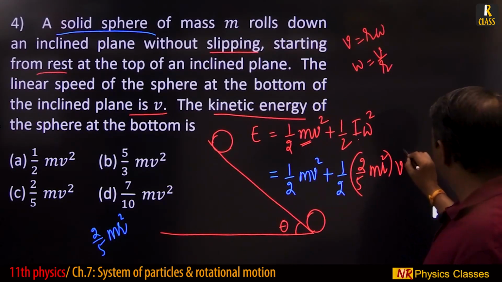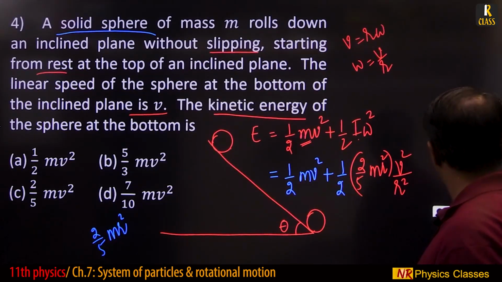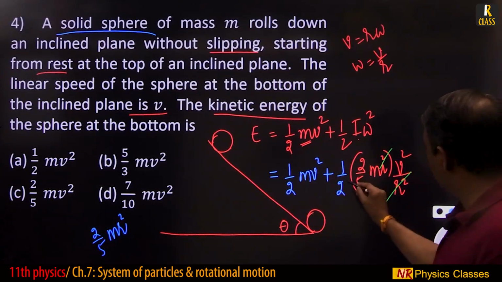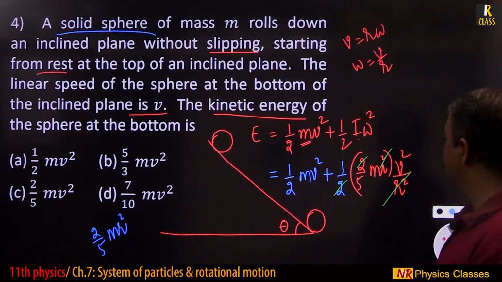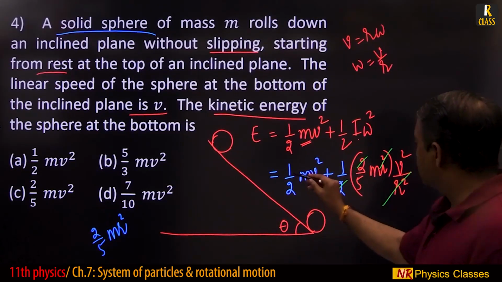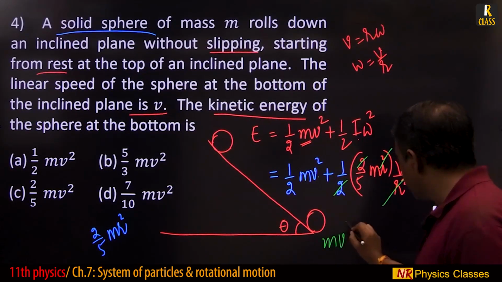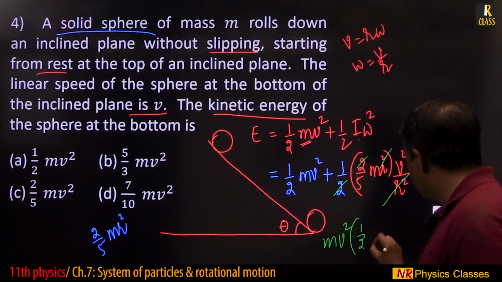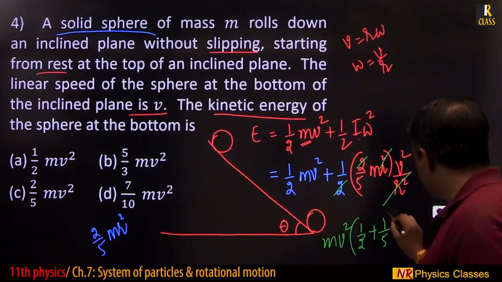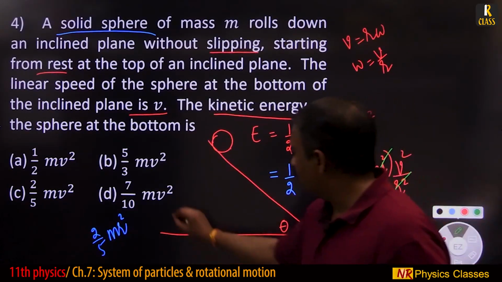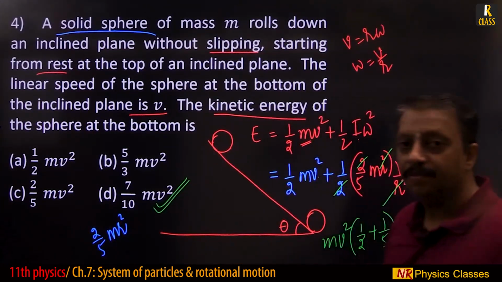Therefore, V square by r square. R square cancels, 2 cancels. It is mv square as common factor, half plus 1 by 5. Five times two is ten, denominator 10, so it is 7 by 10.